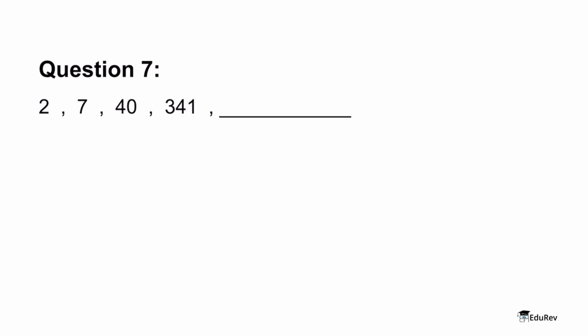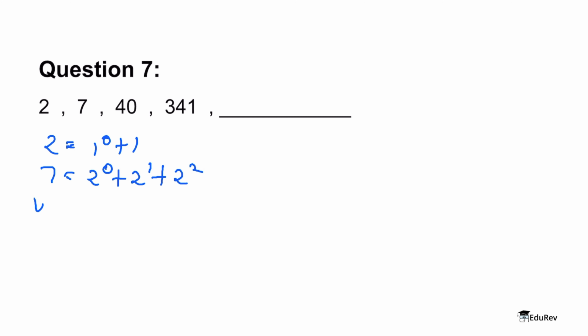So what is 2 basically? 2 is nothing but 1 to the power 0 plus 1. But then what is 7? 7 is 2 to the power 0 plus 2 to the power 1 plus 2 to the power 2.